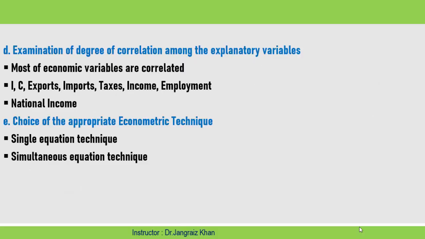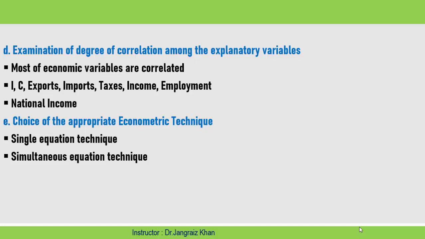Examination of the correlation among explanatory variables. We know that this issue especially occurs if you are using economic variables, because a large number of economic variables are interrelated and correlated; they move together in some direction.